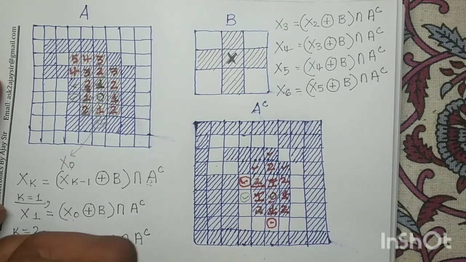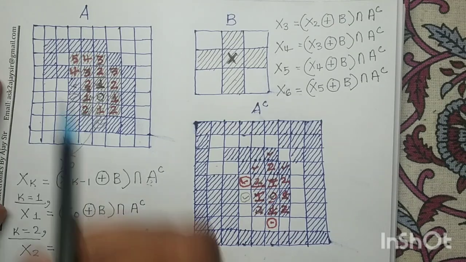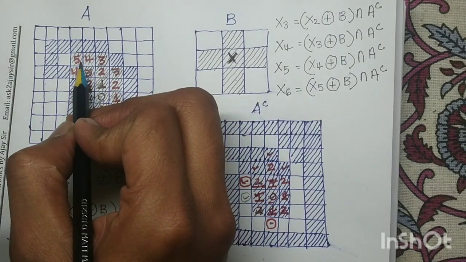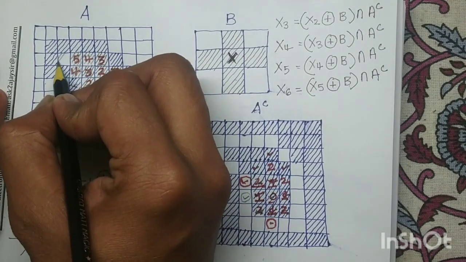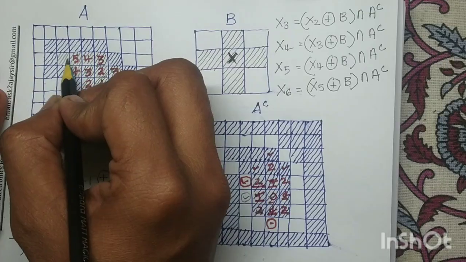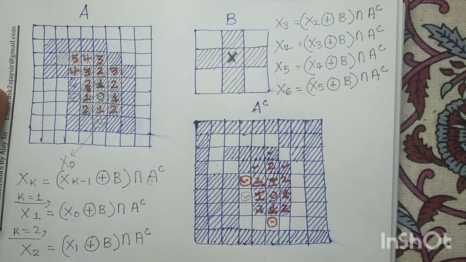So at X5, if you perform the dilation operation followed by the intersection operation, only one pixel will satisfy the intersection condition, that is this pixel, and hence this pixel will be part of my sixth iteration output.